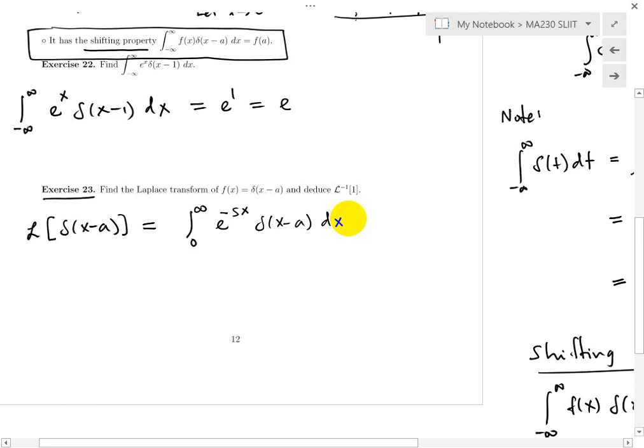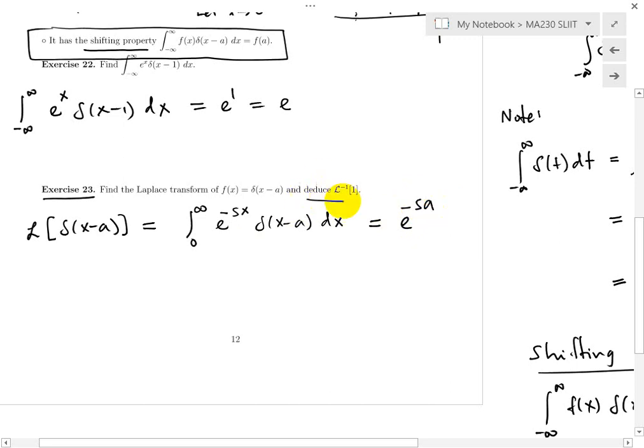So this is how much? Note that our assumption is that A is suitably placed, which means A should be between 0 and infinity, somewhere there. In that case, the answer is exponential minus sA from the shifting property of the delta function.